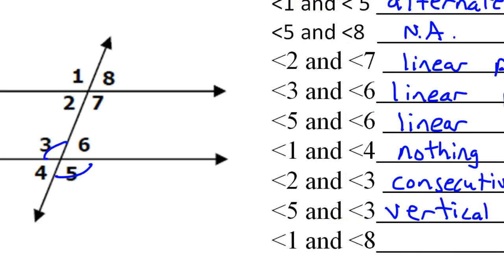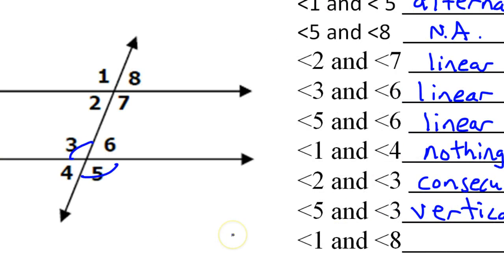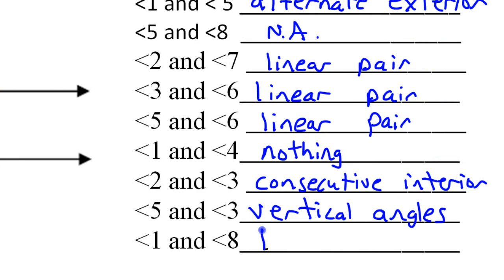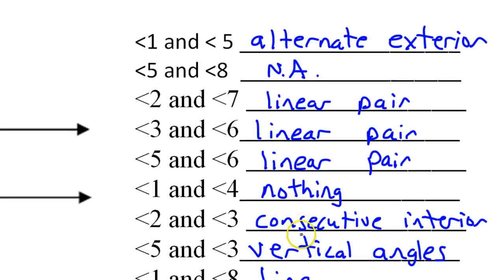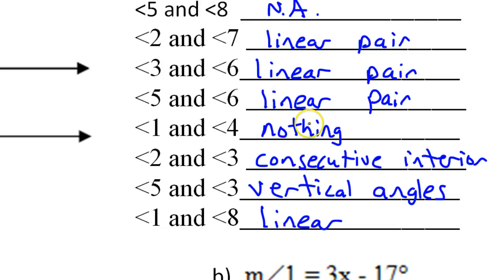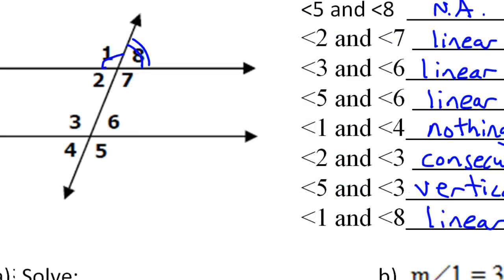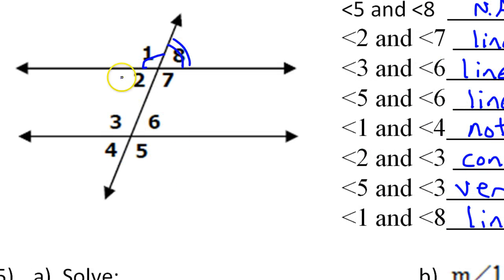What about 1 and 8? What's up with all the linear pairs, man? Enough! This is annoying. Linear pair, linear pair, linear pair, linear pair. We get it. We did all those linear pairs, but we didn't do any alternate interior. Why not 2 and 6?